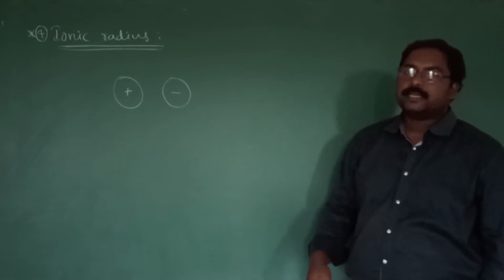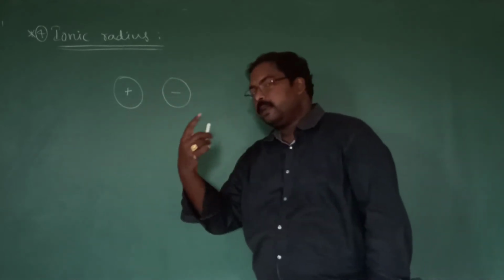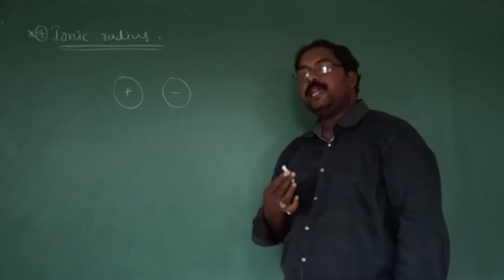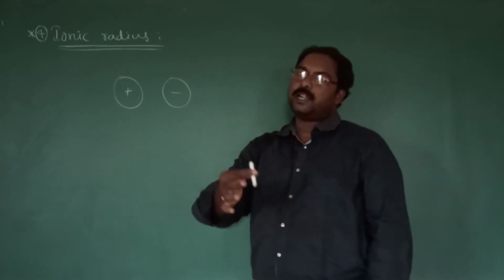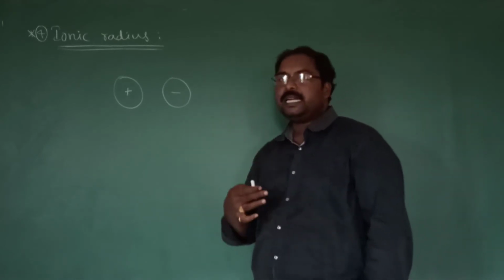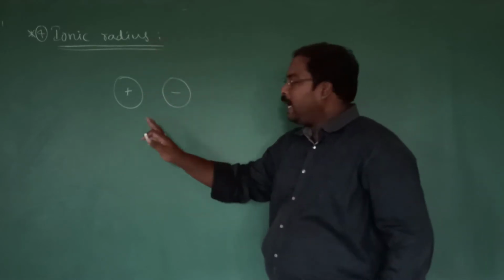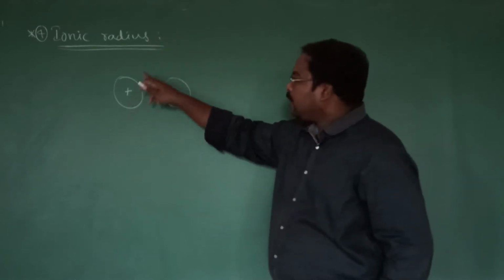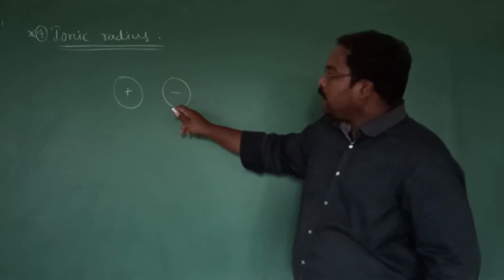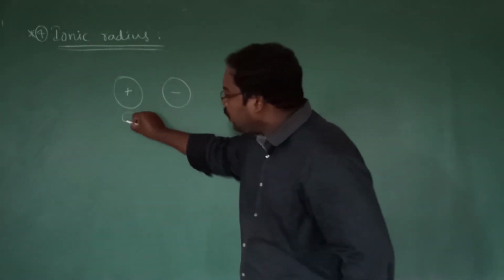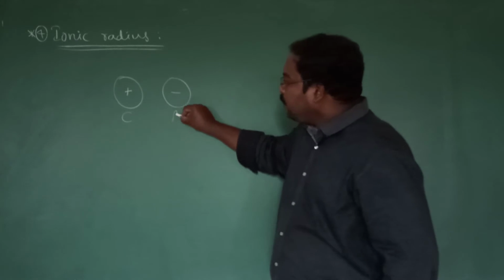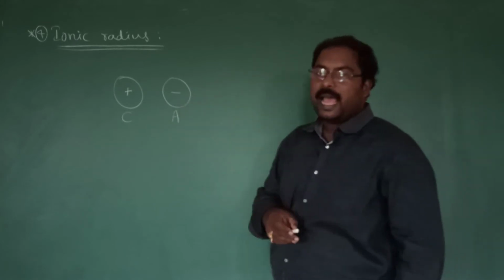Okay? Because we know there will be transfer of electrons. Ionic bond will be formed due to transfer of electrons. Okay? But that is not the definition. Right? In the ionic bond case, we know one atom loses an electron, the other one gains an electron. The one which has lost the electron is the cation, the one which has gained the electron is the anion.